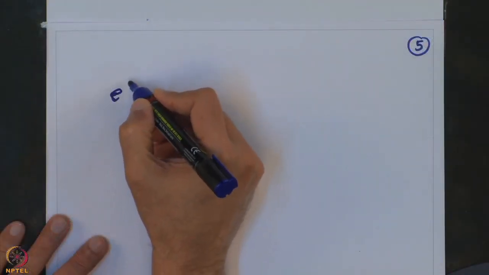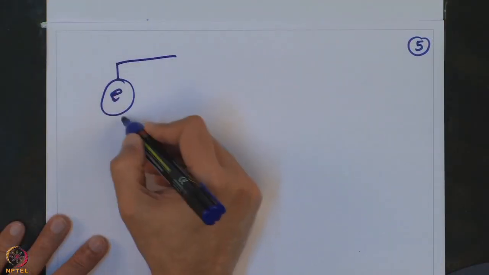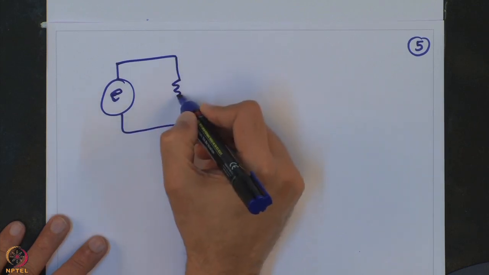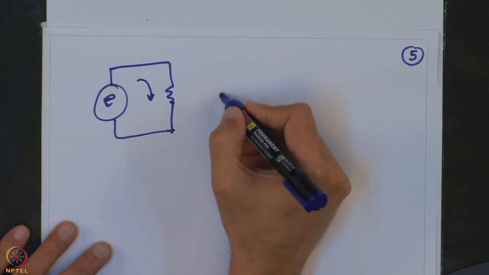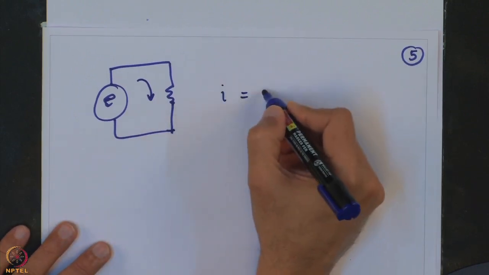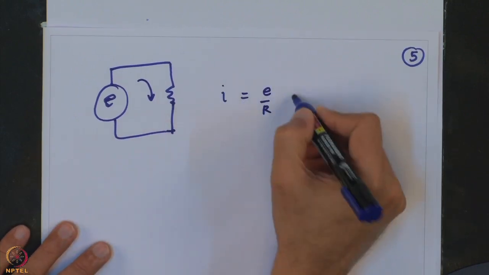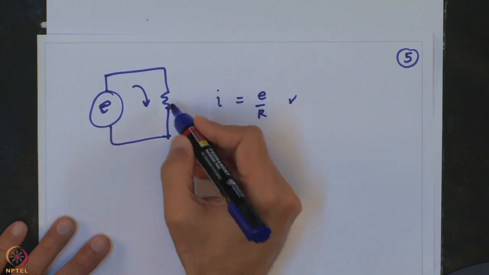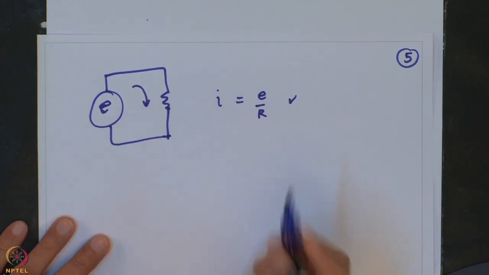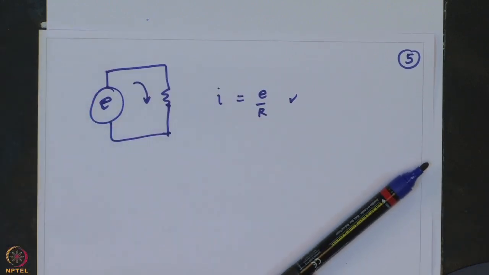Now let us say we have a case where a source E is applied to a resistor, then I can say that the I will be equal to E over R by Ohm's law. There is no problem in this. But let us say that instead of a resistor, this was an inductor.